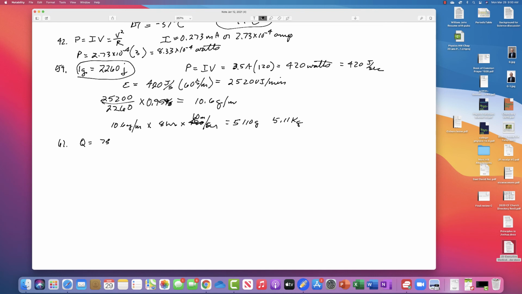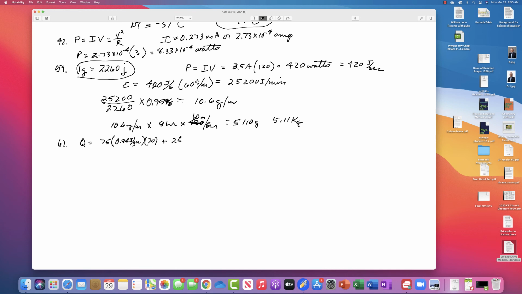So 75 grams of glass, and I looked up the specific heat of glass, and it's 0.84 joules per gram degree centigrade, times the temperature change of 70 degrees. So that's the glass.